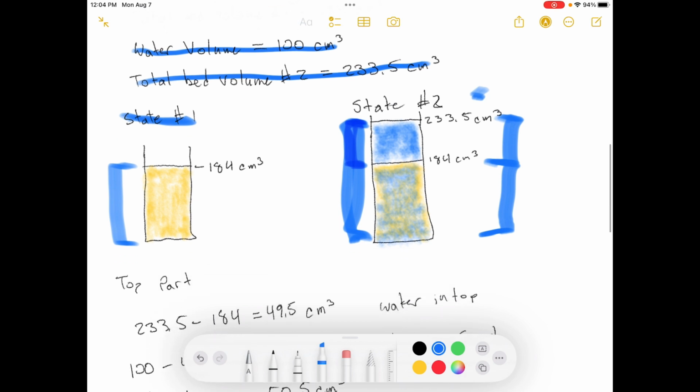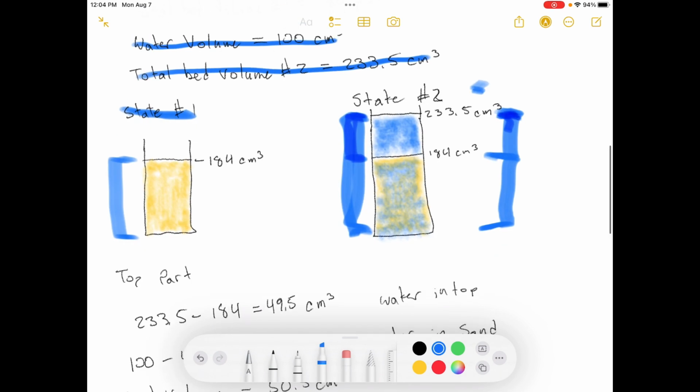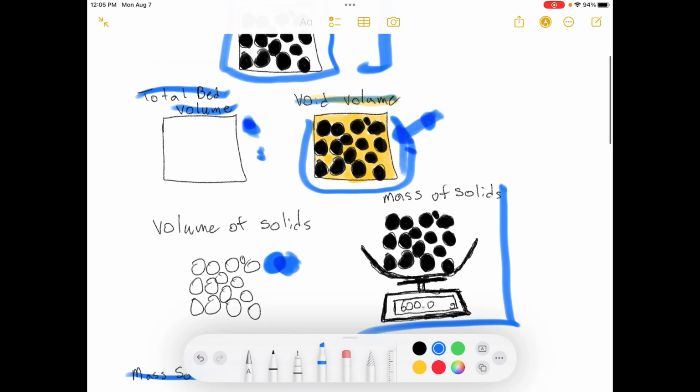We need to figure out how much volume is being occupied in the top part, so then we can figure out how much of the water volume is in the bottom part, because that will give us how much was void. Initially the void volume is filled up with air.